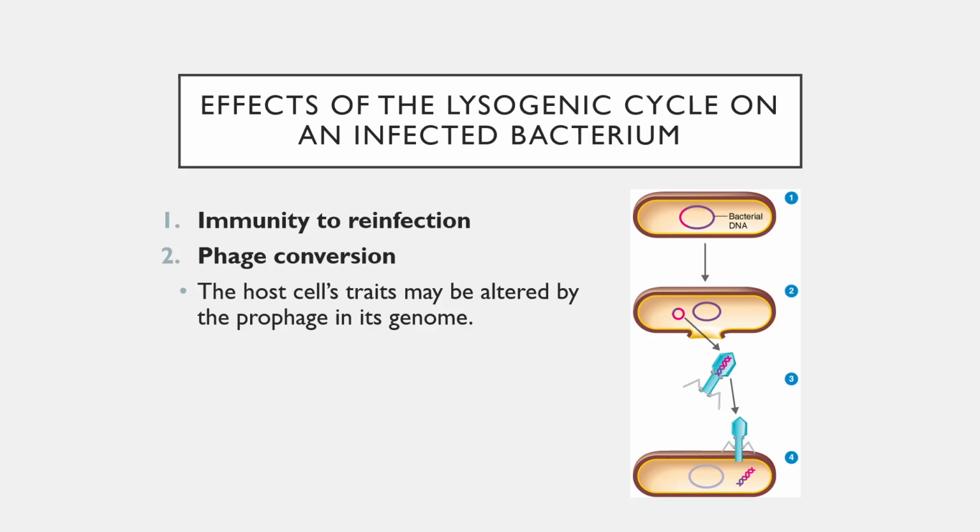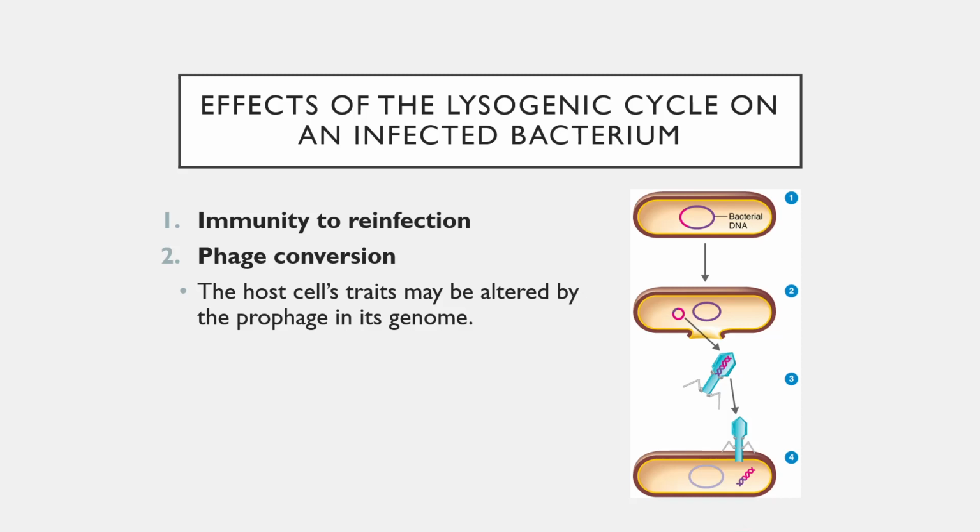So phage conversion is something that can actually take a bacterial cell and through infection of that bacterial cell with a virus, turn it into a more harmful version of itself by altering its traits.